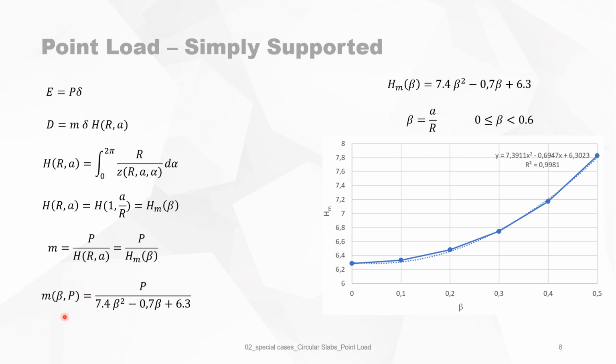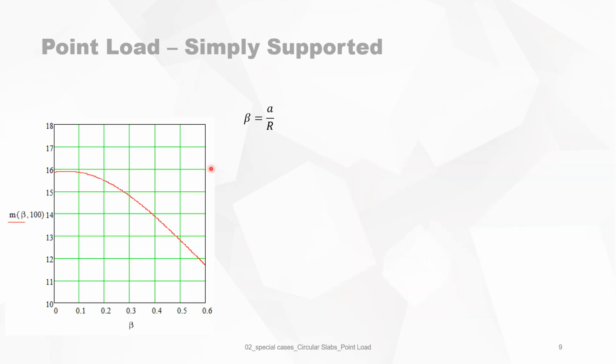So the bending moment can now be determined directly by P divided by this formulation. So as a summary, we can say that for beta equals a over r, on the x-axis is beta. And then you can plot this plastic bending moment as a function of beta.